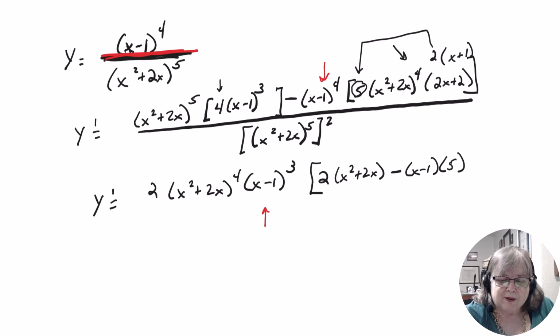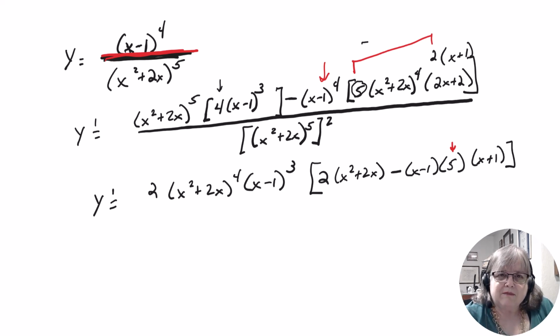I had an x squared plus 2x to the 4th right here, and I factored all of it out, so there's none left. And I had this 2 times x plus 1, but this 2 is being used with the 5 to make 10. And here's my 5, right? But I had an x plus 1, and I didn't take any of that out.